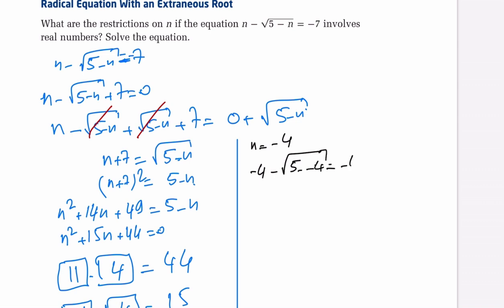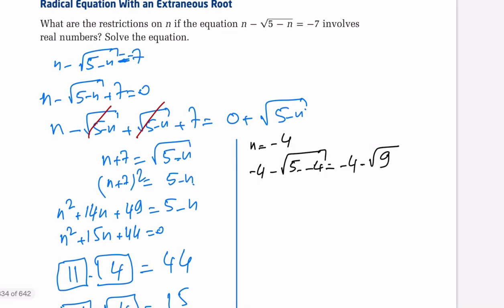Minus 4 minus square root of 9, which is minus 4 minus 3, which is minus 7, and this is good. It is equal to our equation here, exactly what we have here.